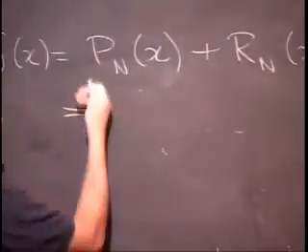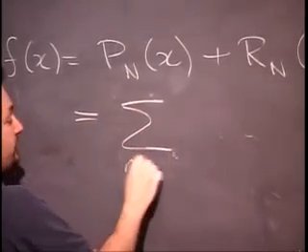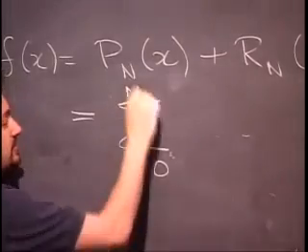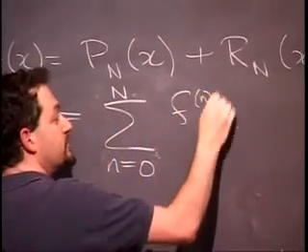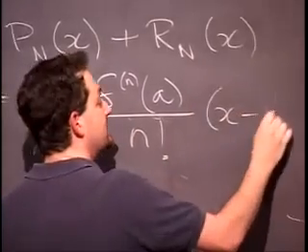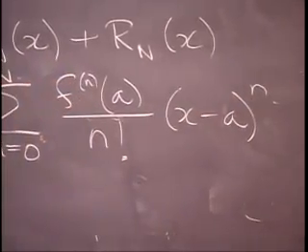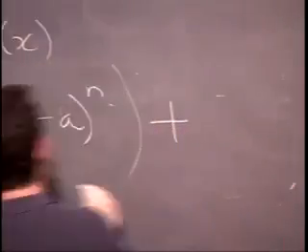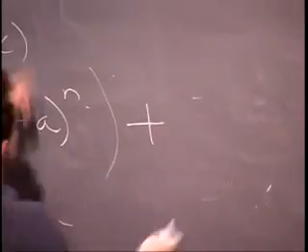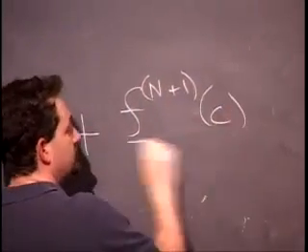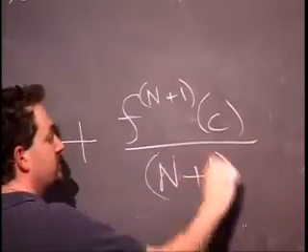But just to put things in context, we have a formula for Pn, which by definition is the sum from little n equals 0 to big N, nth derivative at a over n factorial times x minus a to the n. That's just the definition. And then plus, so it's that sum, plus this remainder, which I'll just copy.